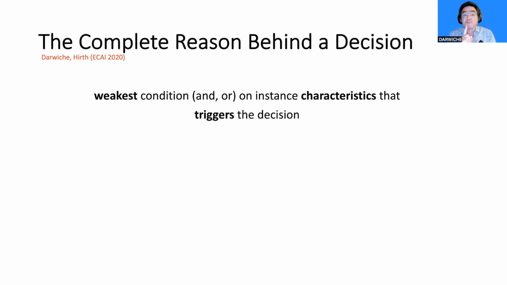So you're only allowed to use simple literals to start with, and these simple literals have to appear in the instance. And then you can combine them as you wish using and, or, with the requirement, first, that the condition is sufficient to trigger the decision, meaning any instance that satisfies that condition will be classified similarly. And second, I want the weakest such condition.